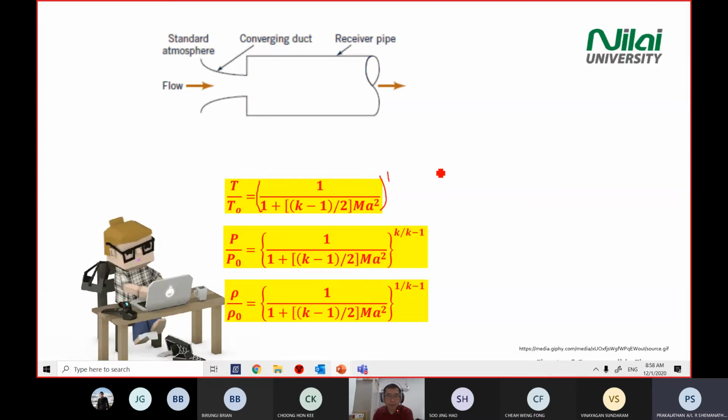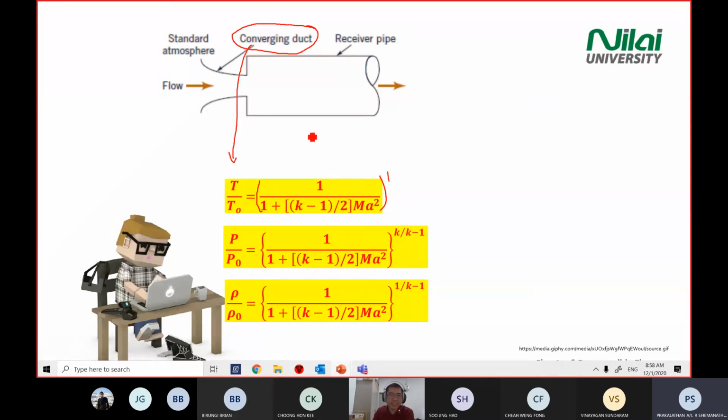How do you know to use it? We want to use these equations because we do not yet have the Mach number. But there's a keyword there. Every time you have a converging duct or diverging duct, most of the time you need these three equations. So this is another piece of information for you.